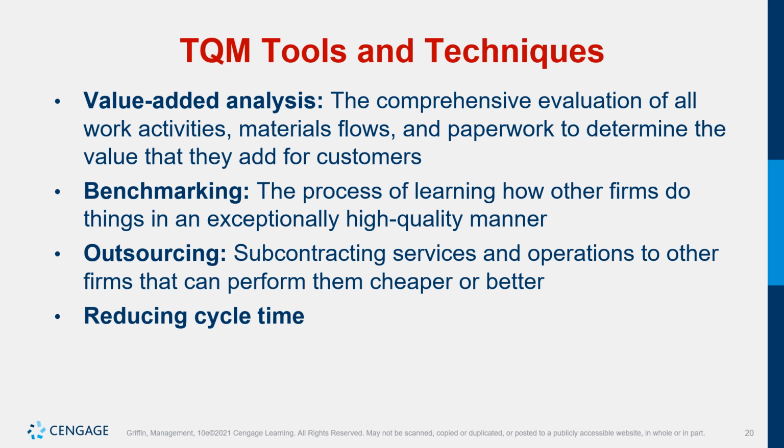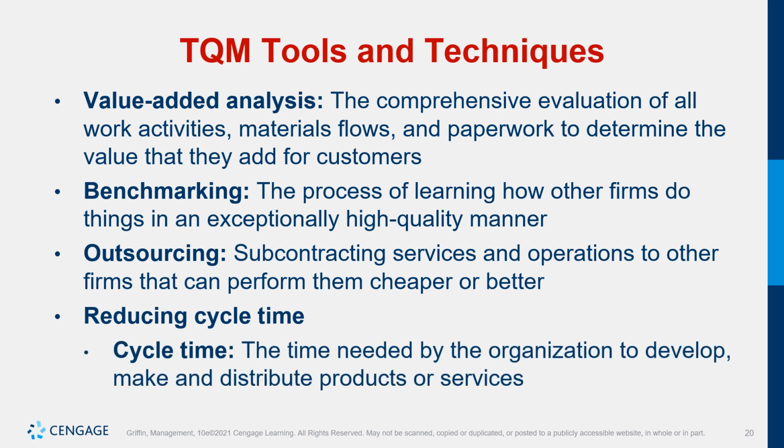Reducing cycle time is a way of getting activities performed more quickly. Cycle time refers to the time needed by the organization to develop, make, and distribute products or services. If a business can reduce its cycle time, quality will often improve.